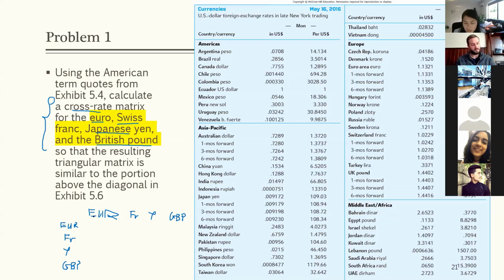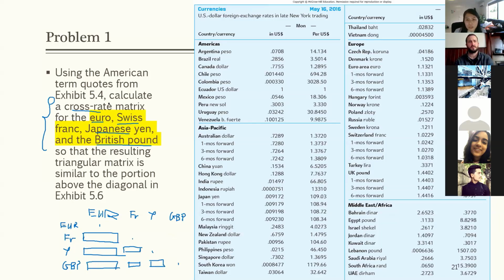So essentially, I try to find out the cross rate between, let's say, so these values will be 1. I'm trying to find out the cross rate between the franc and the euro, the yen and the euro, the pound and the euro, the franc and the yen, the franc and the pound, and finally the pound and the yen, okay?